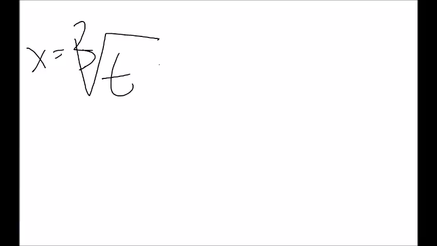So we're going to be doing problem number 2 in 10.3, and the problem asks to find the derivative of x equals the third root of t, and y equals 4 minus t.